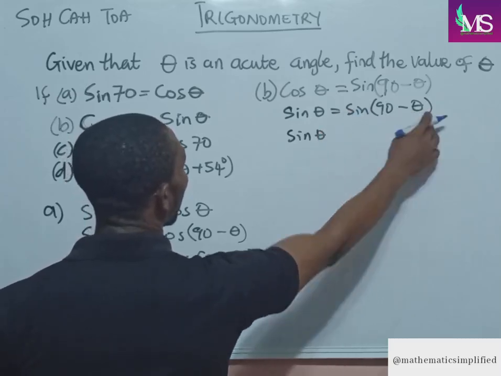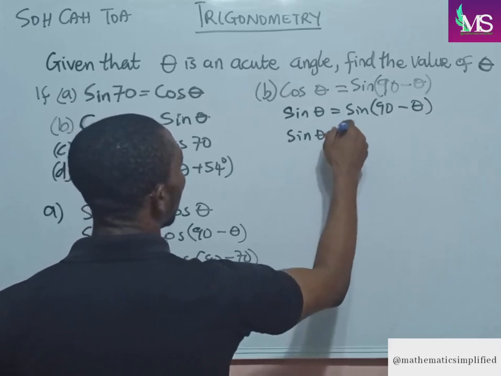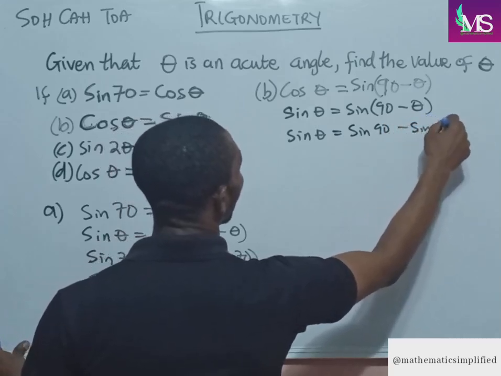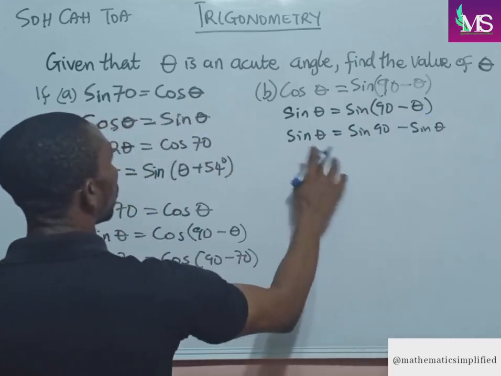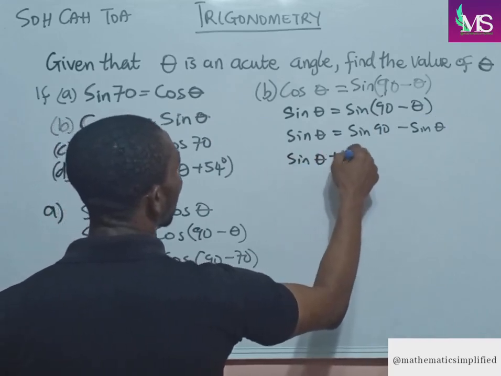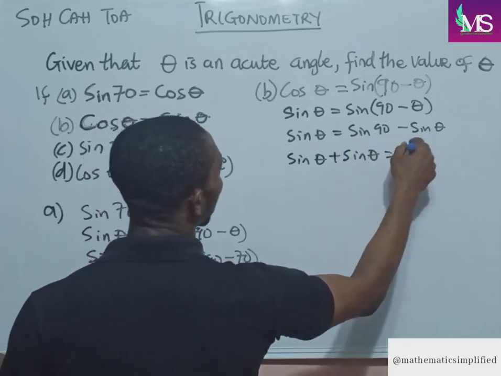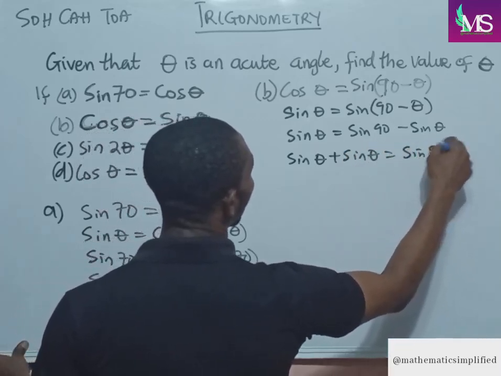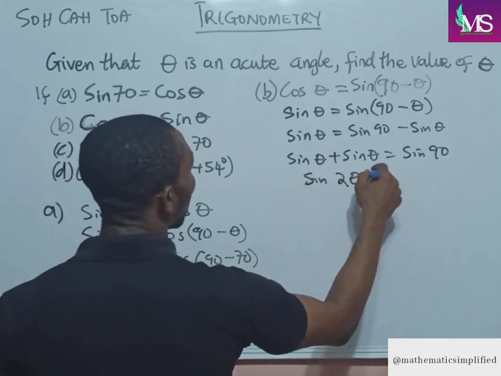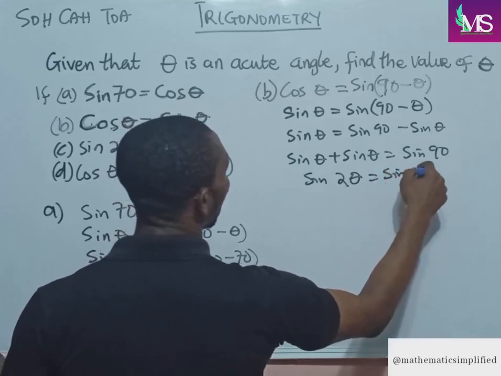Opening this bracket gives us sine theta equals sine 90 minus sine theta. So this goes over to give us sine theta plus sine theta equals sine 90. This will give us sine 2 theta equals sine 90.